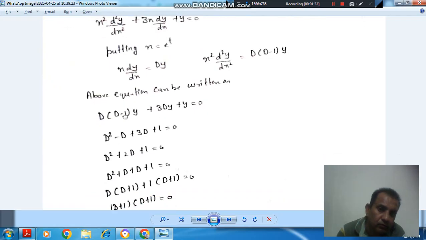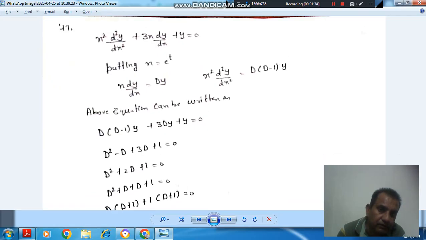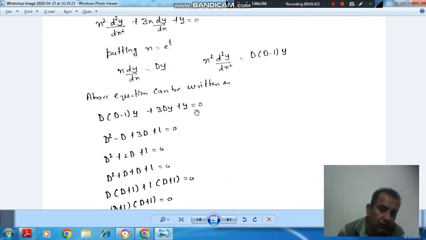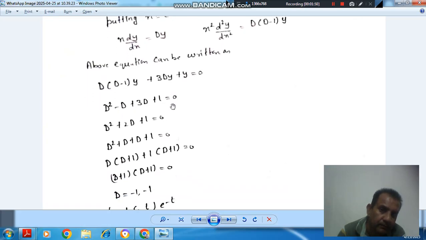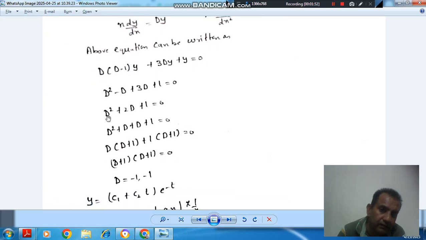Here we put this, and the equation will become D bracket D minus 1 bracket close y plus 3Dy plus y. If we take y common and solve, the equation will become D square minus D plus 3D plus 1, or D square plus 2D plus 1 is equal to 0.